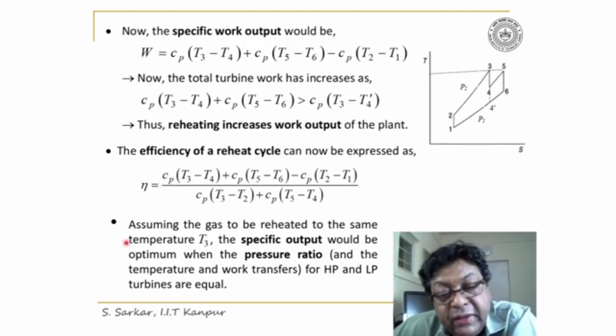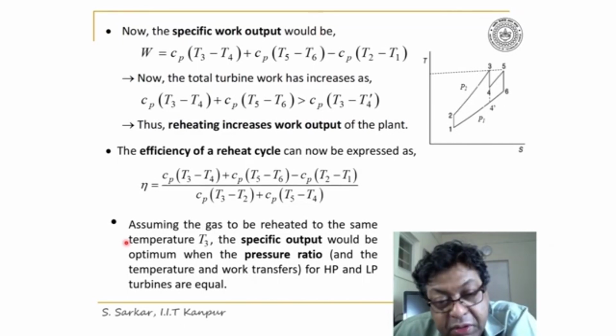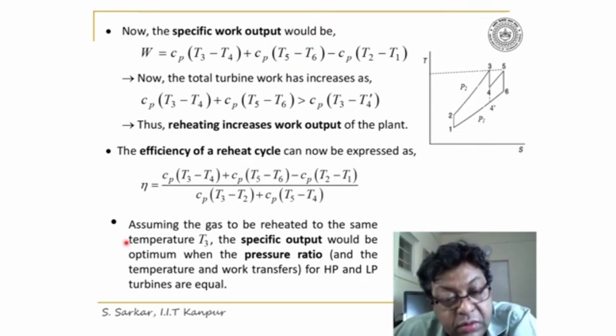Now assuming the gas would be reheated to the same temperature T3, the specific output would be optimum when the pressure ratio, that is the temperature and work transfer for the HP and LP turbines, are equal.